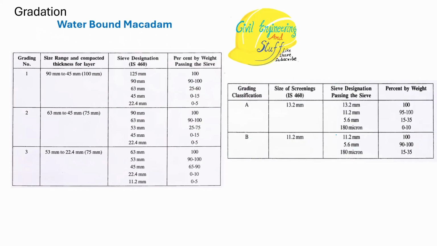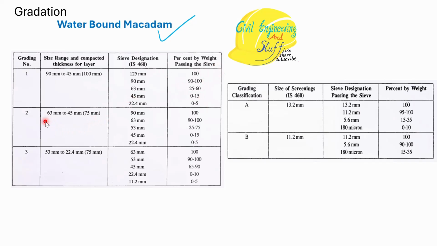So let me show you the gradation that is used for water-bound macadam. Here, we have a size of aggregate ranging from 90 mm to 45 mm. So we arrange these sieves. First batch of aggregate will be this. For this batch of aggregate, we will arrange the sieves in this order, and this is the gradation that we should have.